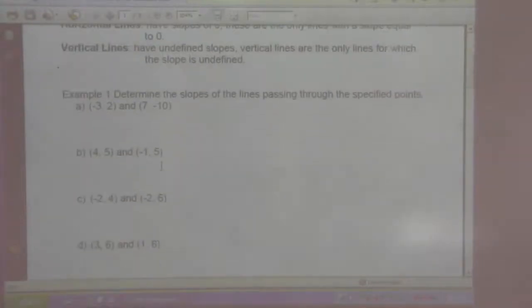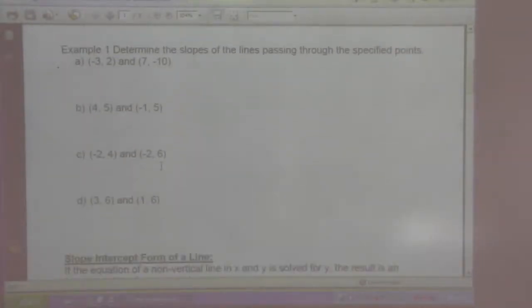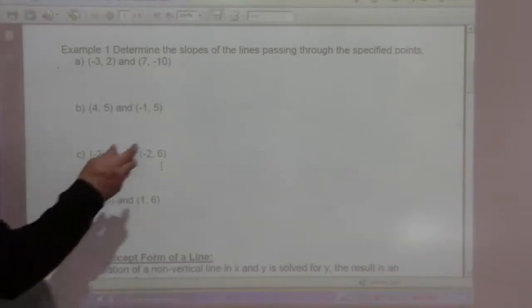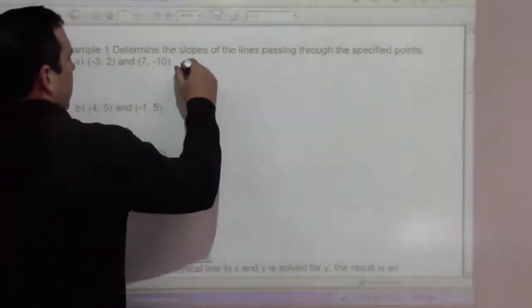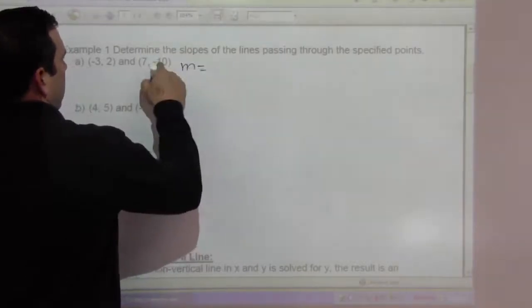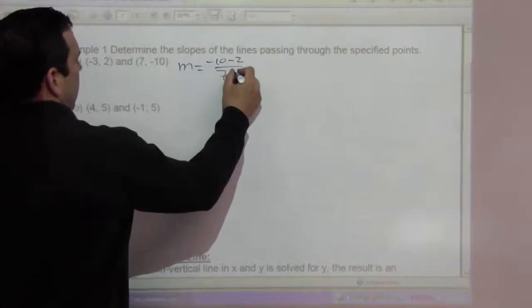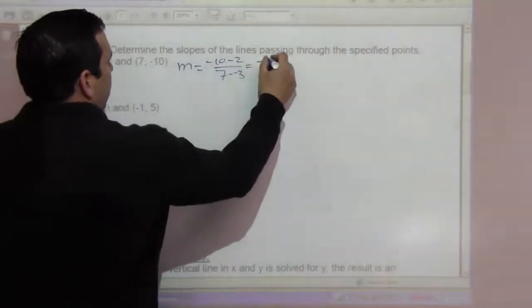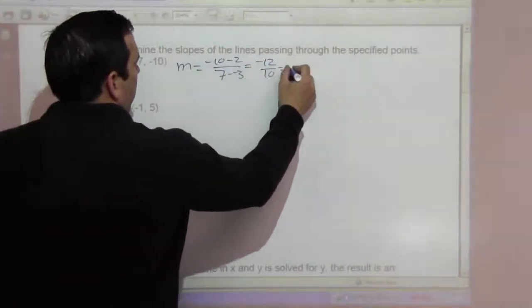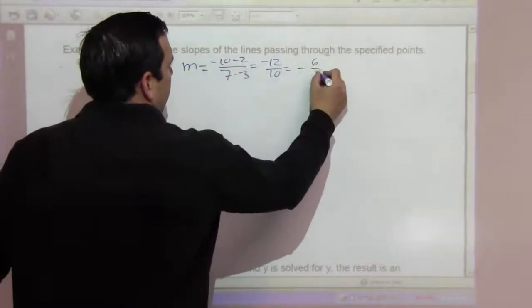So for example 1, we're going to find the slope of the lines passing through the specified points. Our slope here is going to be negative 10 minus 2 over 7 minus negative 3. That's negative 12 over 10, or negative 6 over 5.